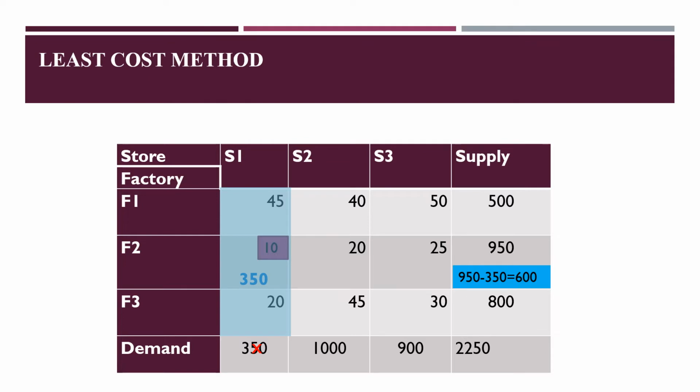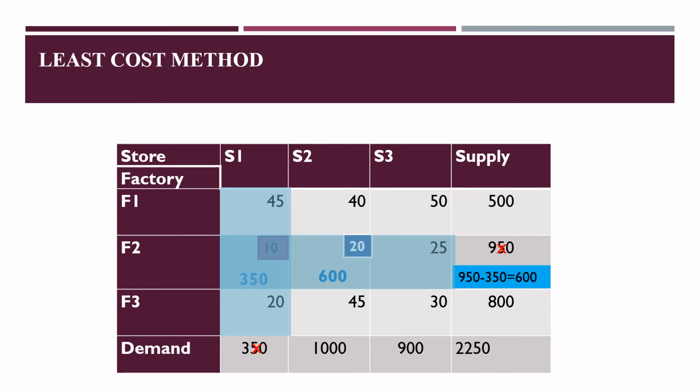Therefore, even though you need 1000 units, we can only supply 600. So, to the next least cost cell, we are only allocating 600 units. And when we allocate this 600, all the supply condition of the F2 factory is fulfilled. We cannot allocate any more from F2. Therefore, I will hide this row as well.